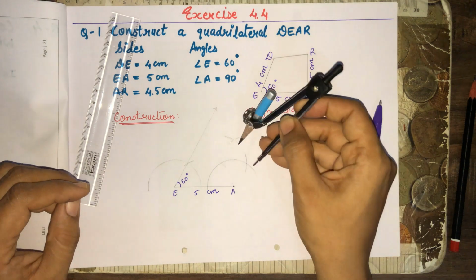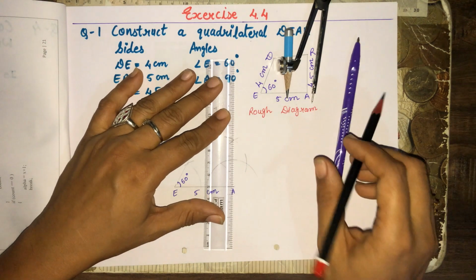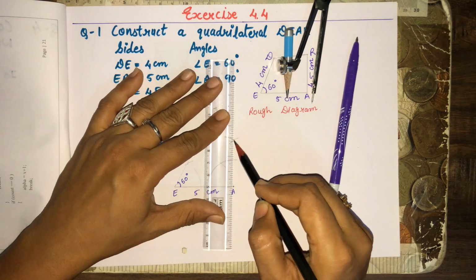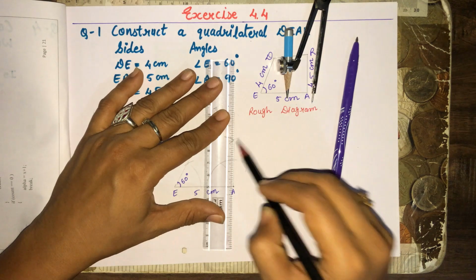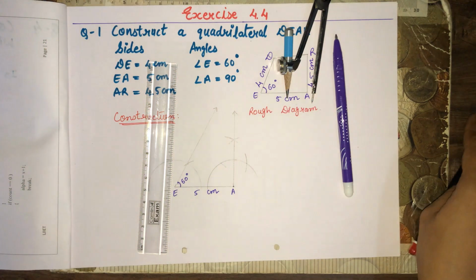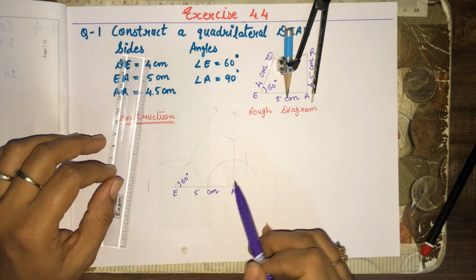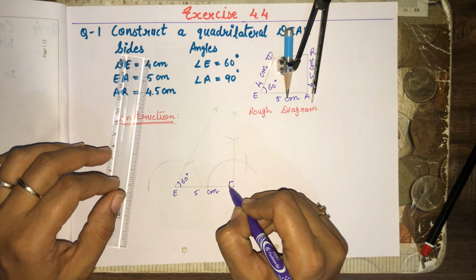So this point of intersection, if we join it with A, then we will get a 90 degree angle, or say a right angle at A. Okay, so we are done with one side and two angles.